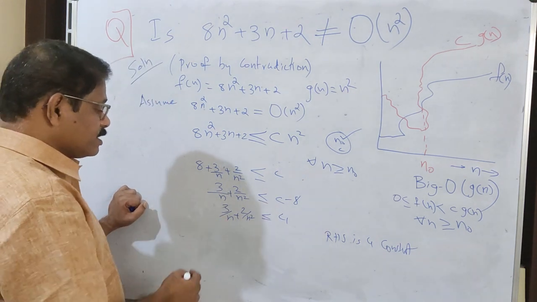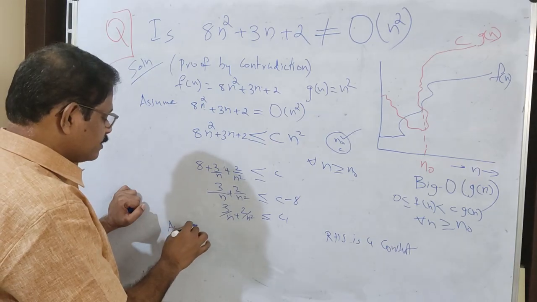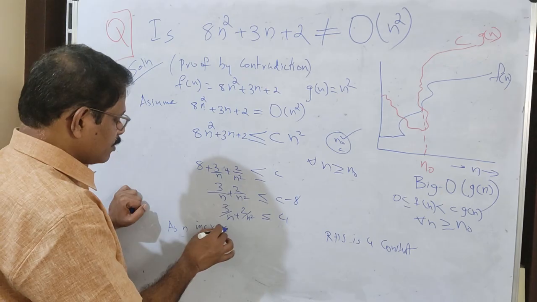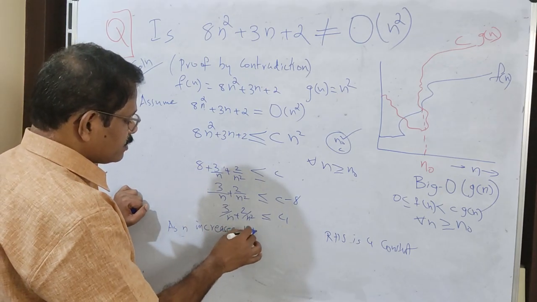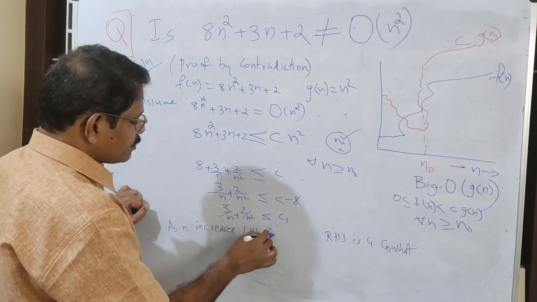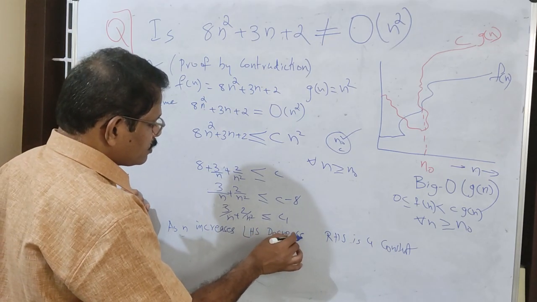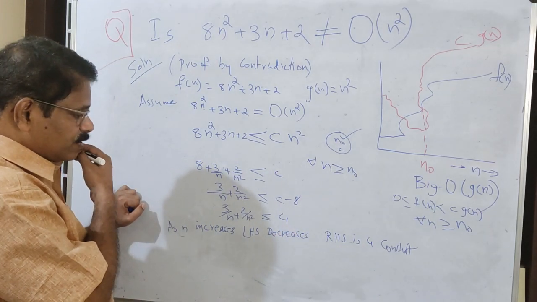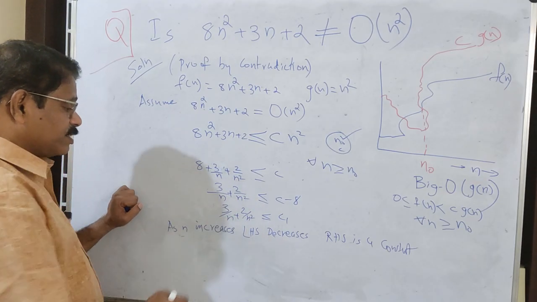Then coming to this LHS, as n increases, this LHS decreases, because this n is in the denominator.